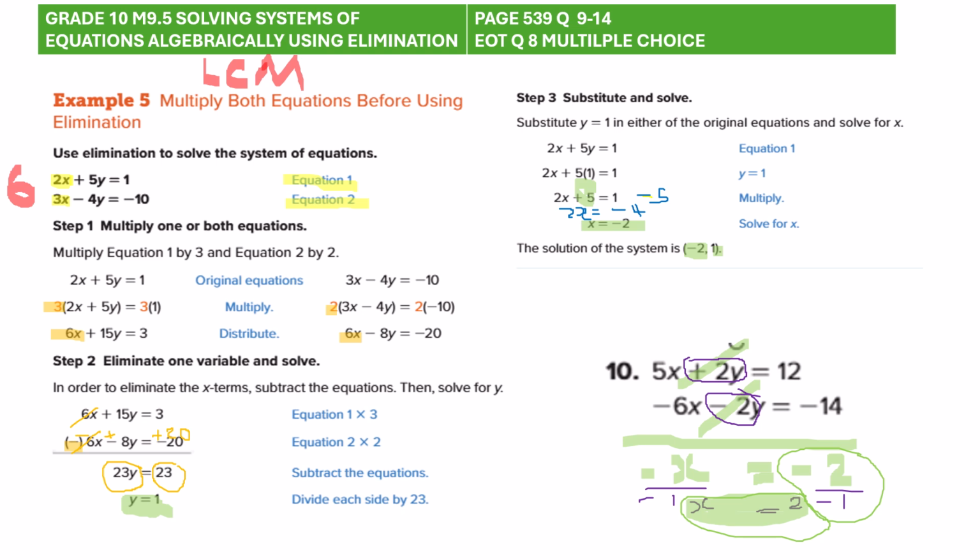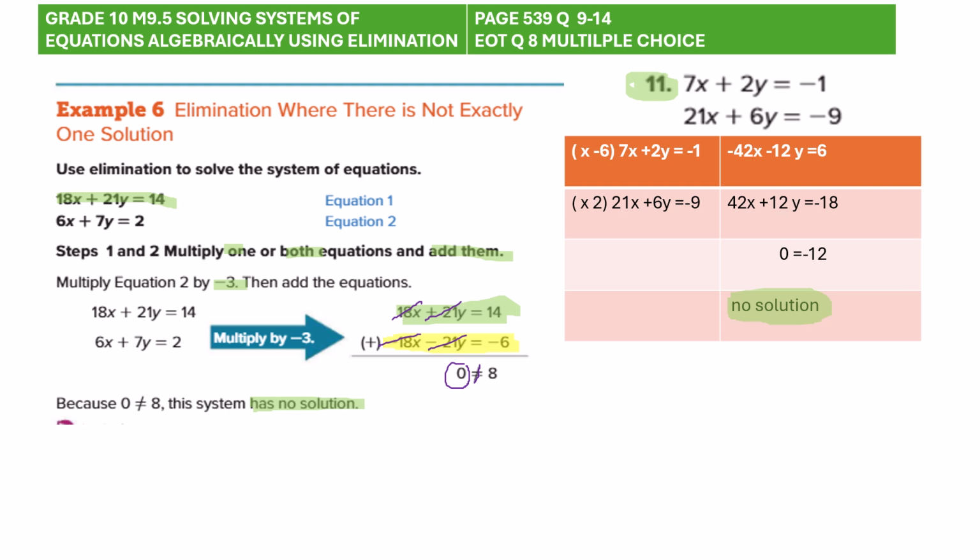Now moving ahead. Example 6, elimination where there is not exactly one solution, which means that it has no solution. Once again, use elimination to solve the system of equations. 8x plus 21y is equal to 14. That's equation 1.